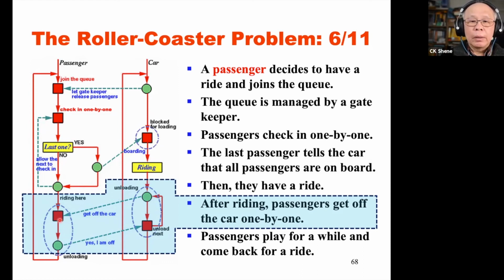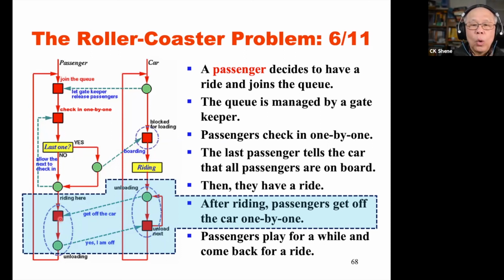Meaning, if I, after the last one, signals the car, this signal allows the car to run. So while the car is riding, all C passengers are blocked here. Because they are blocked here, it means they cannot jump off the car.